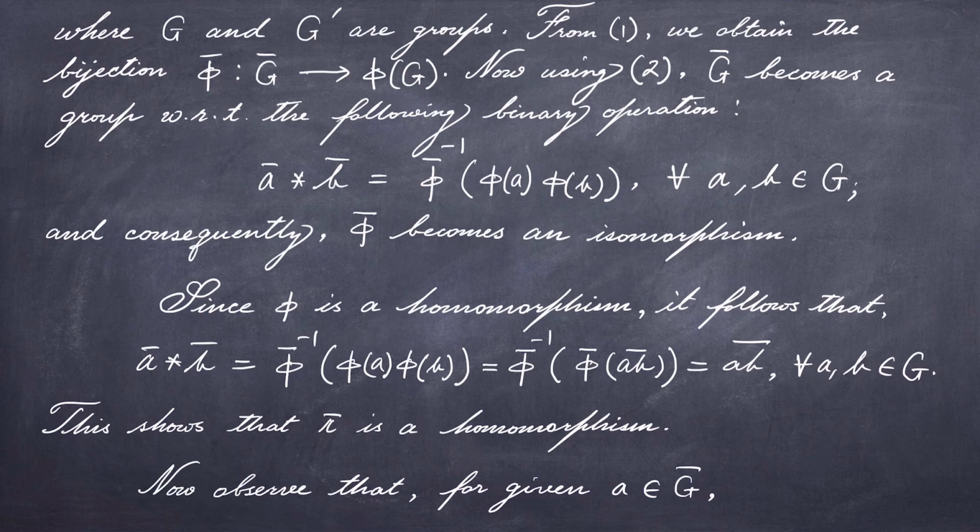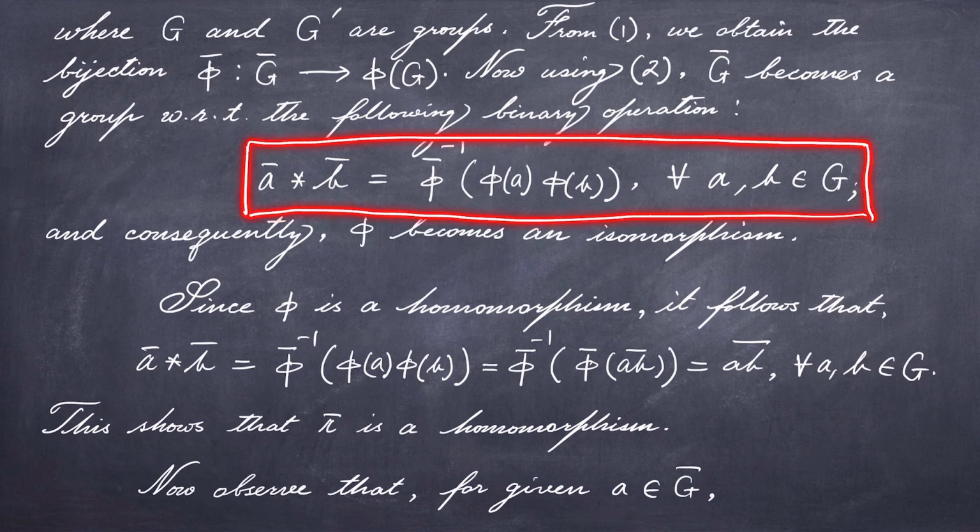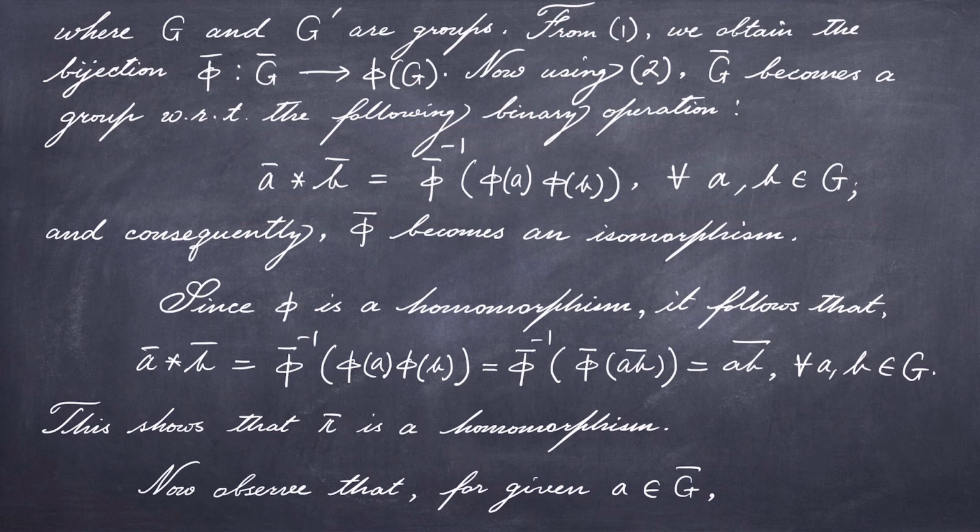So we are going to use the structure preserving property of phi now, in order to find a nice representative of this equivalence class. That is going to be our first step towards the simplification of this artificially defined binary operation on G star.